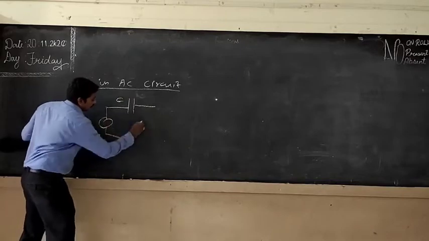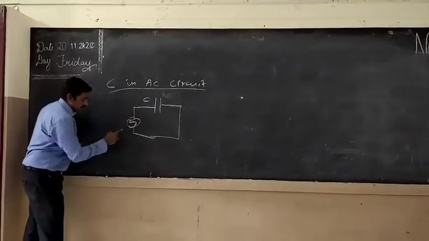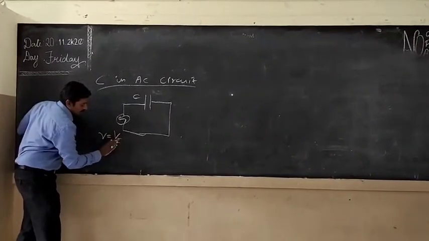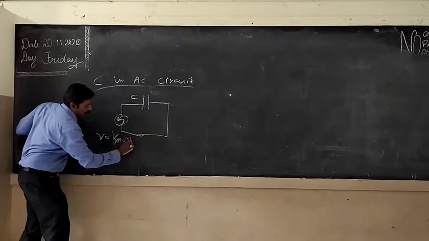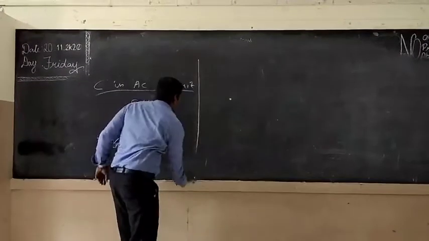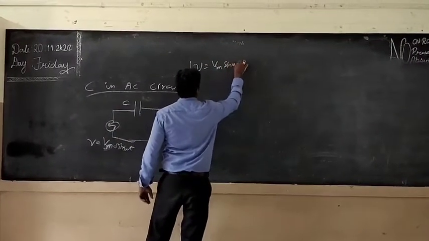This is the AC supply. Applied voltage will be V is equal to Vm sin omega t.